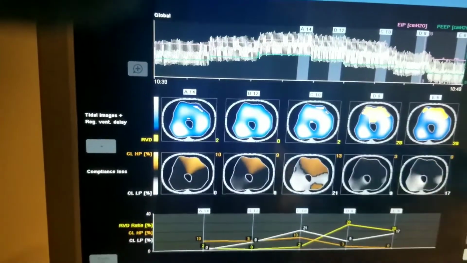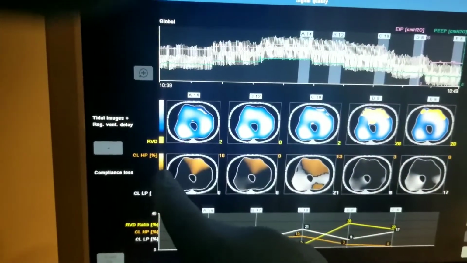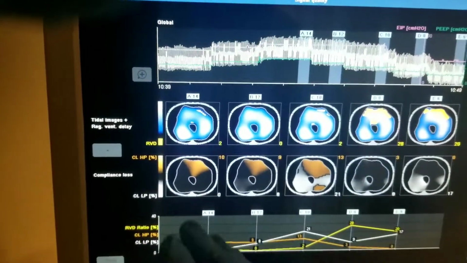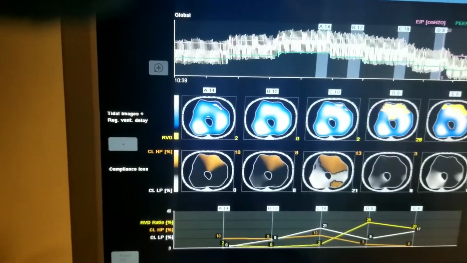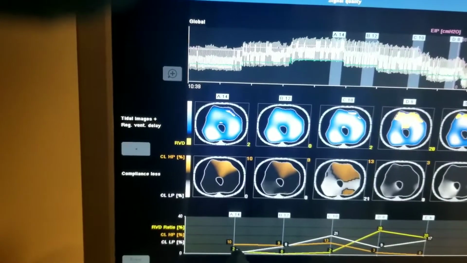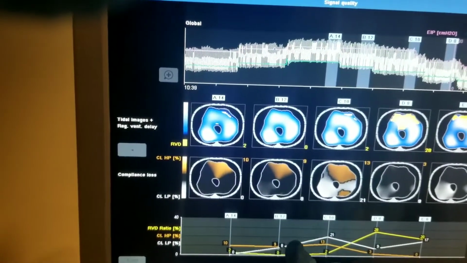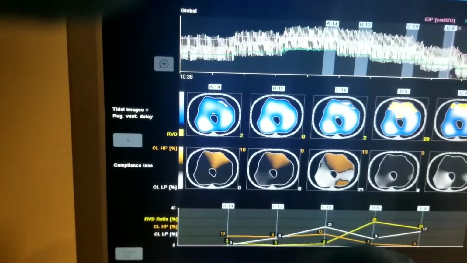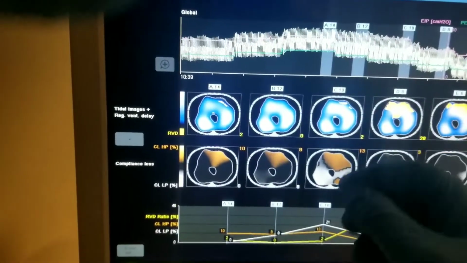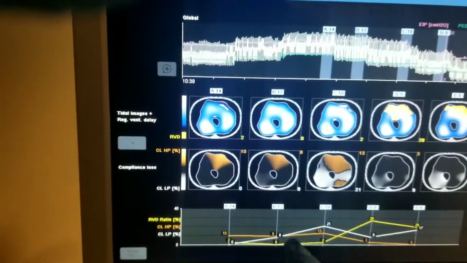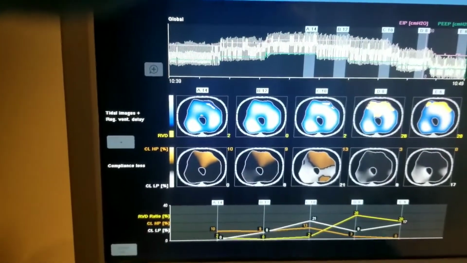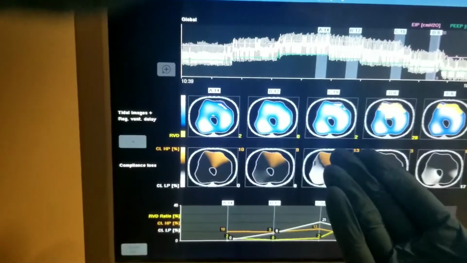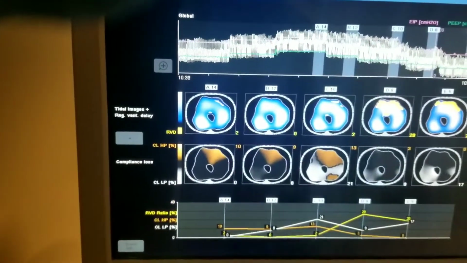So you have a quick look at the saturation, then after you have a quick look at the percentages, you look at the percentages plotted here. Here, where you have the cross section between the white and the orange will be where usually the optimal PEEP is set, and that gives you the least amount of compliance loss or white areas, and the least amount of compliance area for the orange areas.